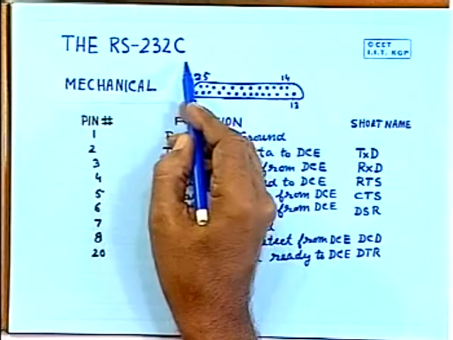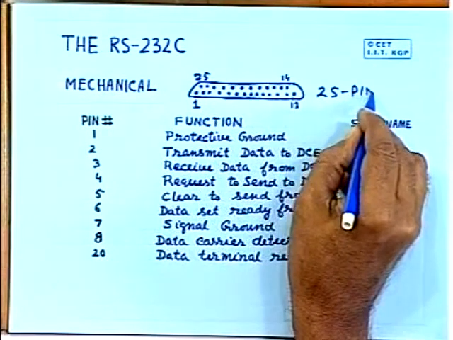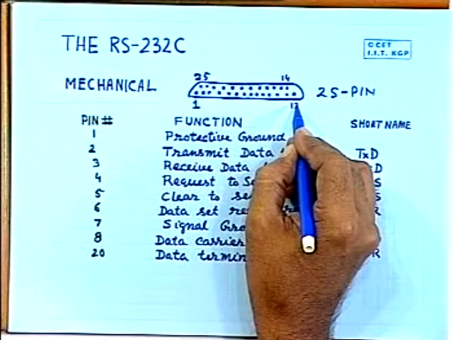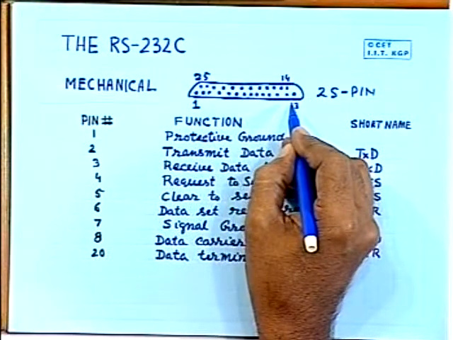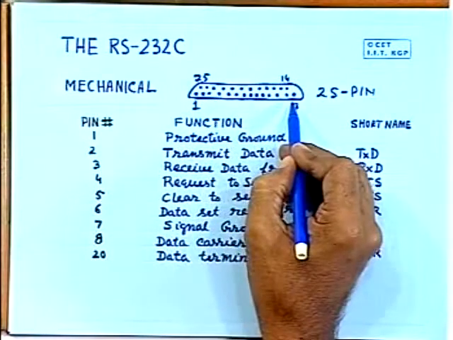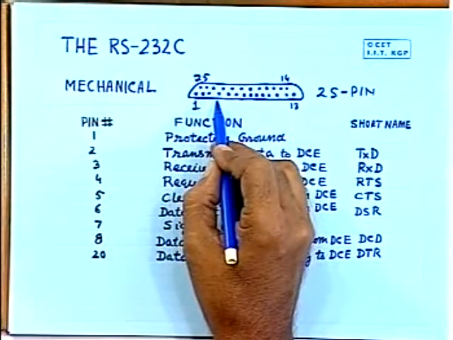In case of RS-232C, a 25-pin connector is used, which looks like this, for interfacing between the DTE and DCE. And of course there are male and female connectors with the help of which the mechanical interfacing is done between the DTE and DCE.